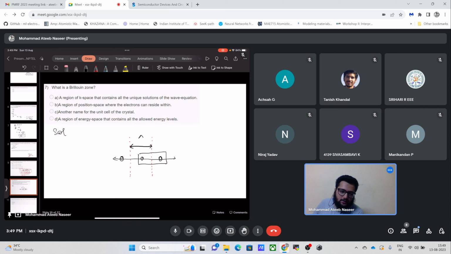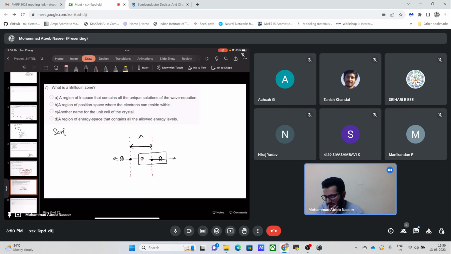Similarly, when we solve for silicon by considering these outer planes, we draw the perpendicular bisectors, find where they intersect, and connect those points of intersection. We obtain a zone known as the Wigner-Seitz cell, and this region is known as the Brillouin zone.